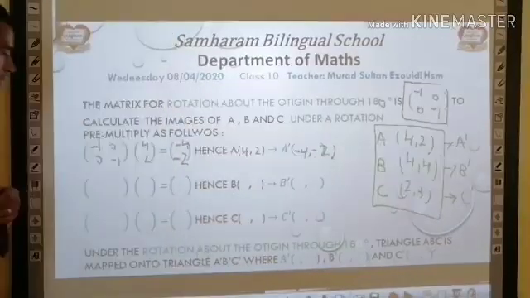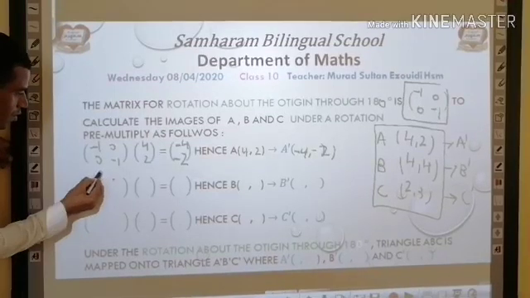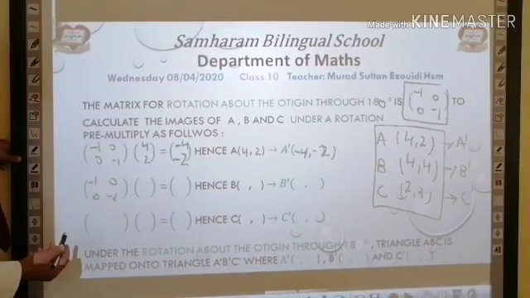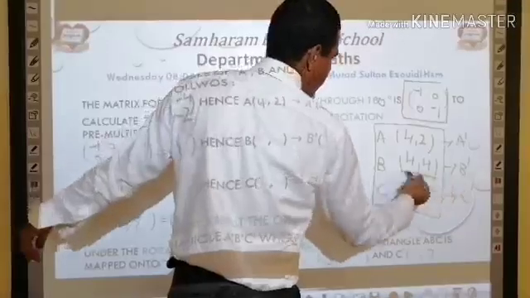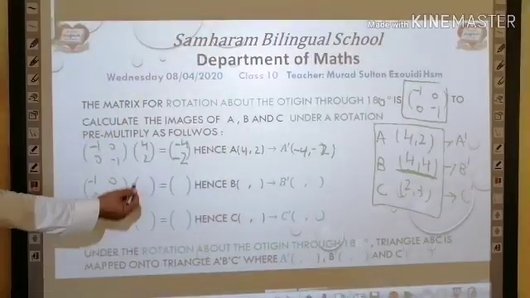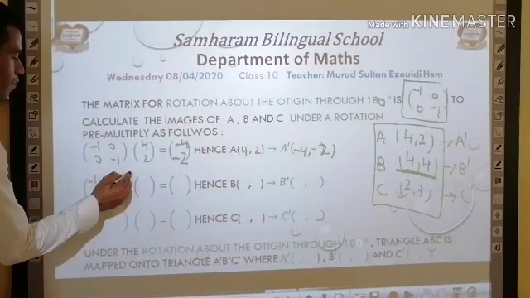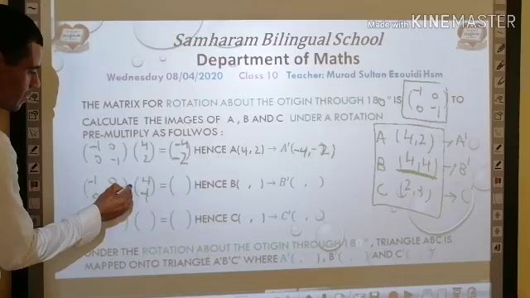Okay? The next, we have negative 1, 0, 0, negative 1. Multiply by the coordinates of B, but write it as a column vector: 4, 4. Then just multiply, my kids.